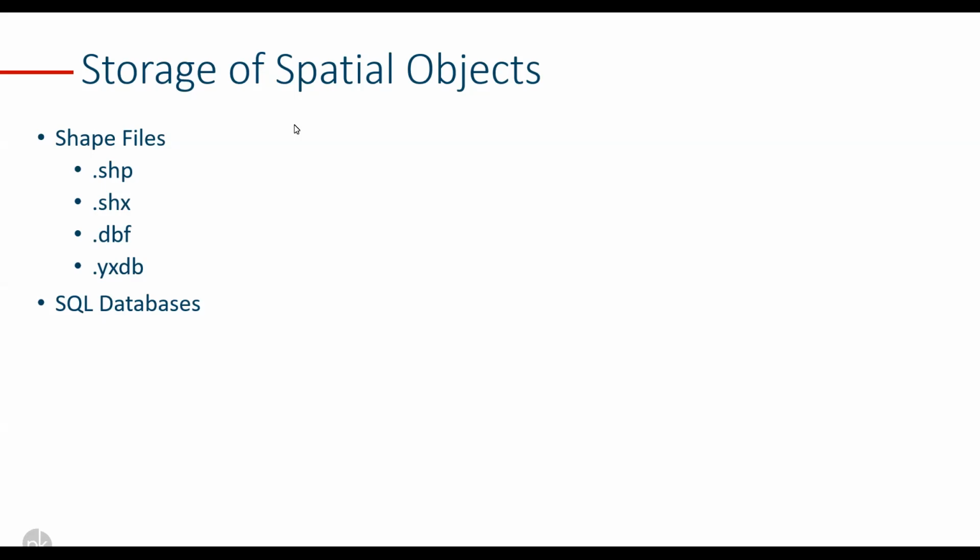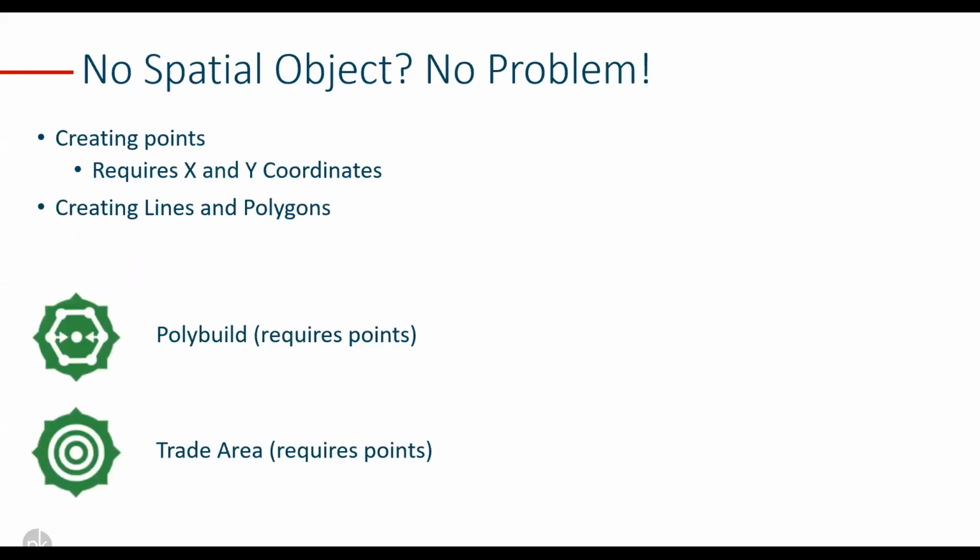You'll get them in shape files, SHX files, or DBF files. If you are sharing data with geospatial information in it, or spatial objects, you can share it through a YXDB. And if you have a SQL server, there are some ways to store this stuff on different SQL servers, whether it's Microsoft SQL or another database.